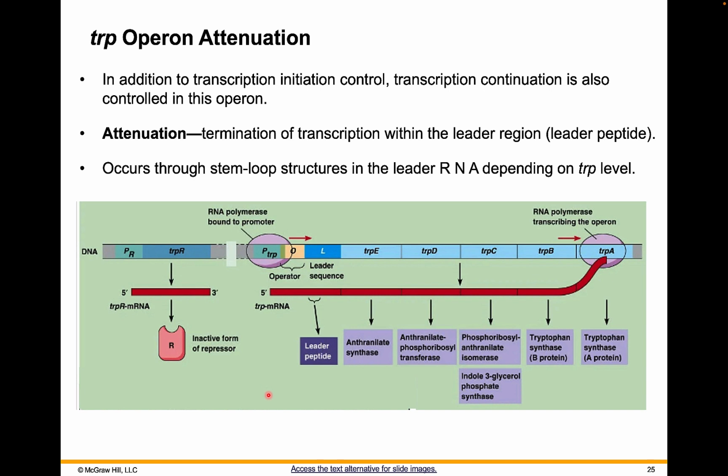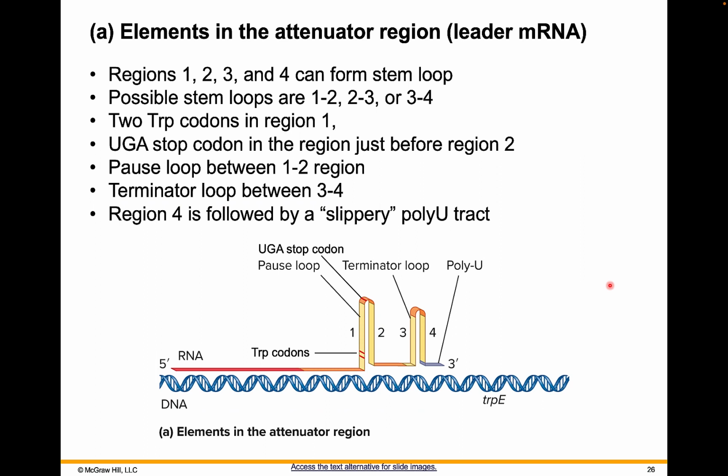So translation and transcription are not coupled in eukaryotes. So this type of transcriptional regulation, or attenuation, doesn't happen in eukaryotes. This is particularly for the bacterial system, where translation and transcription are coupled. So let's take a look at how it works.